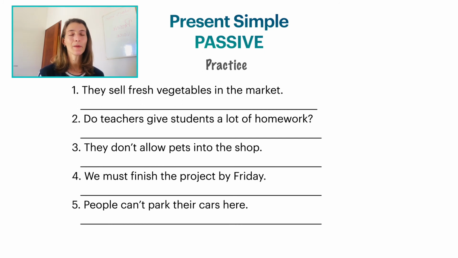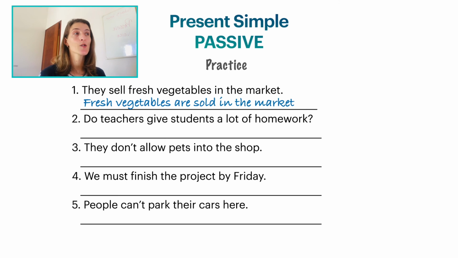Yes? Entonces acá voy a empezar con fresh vegetables. Okay? So, fresh vegetables are sold in the market. Yes? Acá lo diríamos verduras frescas o vegetales frescos son vendidos en el mercado.